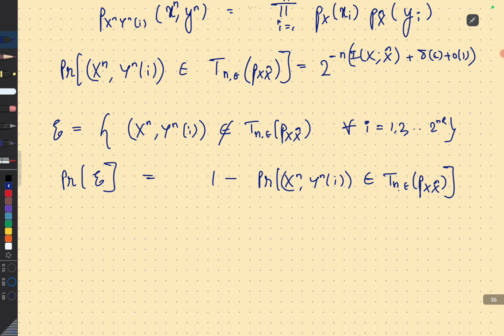All right. So, okay, let's continue. What is the probability equal to? Summation? Product, right? They're independent. All the yn of i's are independent of each other. So it's basically the product, i equal to 1 to 2 to the nR, of this.